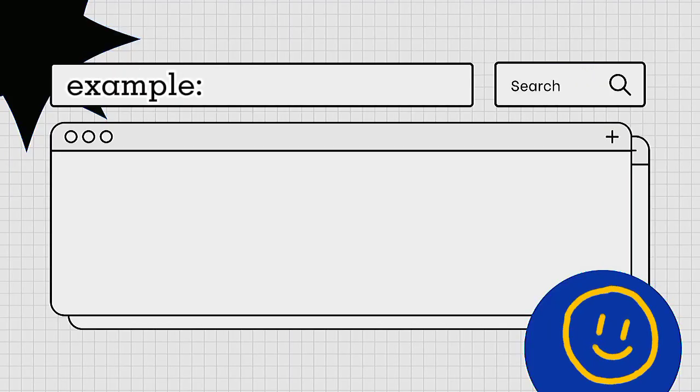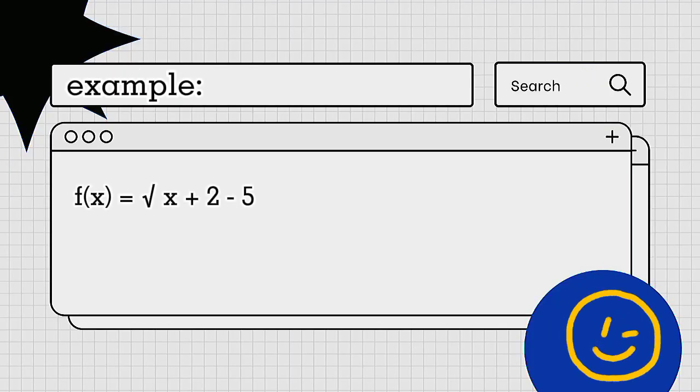Another example, we have f of x equals the square root of x plus 2, minus 5. Let's start with the same process. Let's replace f of x with y, then copy the square root of x plus 2 minus 5.